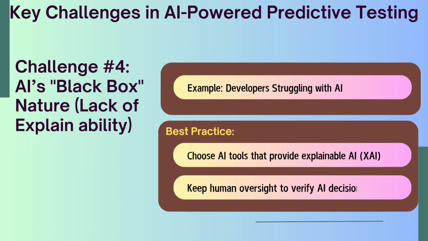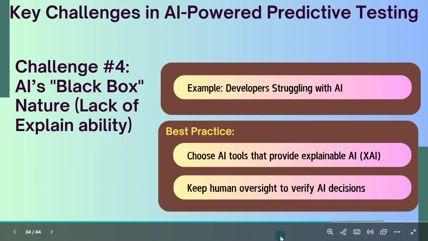This led to skepticism and distrust in AI decisions. So, best practices for this: choose AI tools that provide explainable AI, that is XAI, basically models that show why they made a particular prediction. Keep human oversight to verify AI decisions before acting on them.